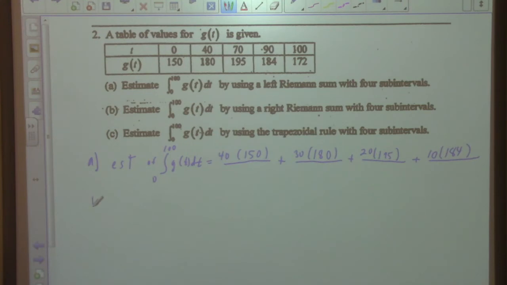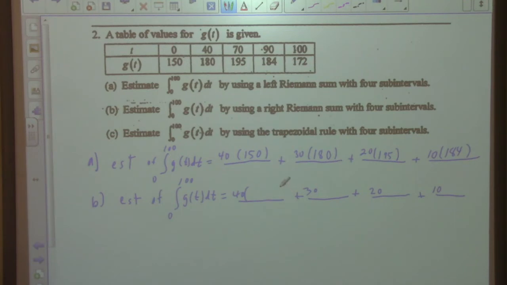And then for B, it's the same thing except what? It's the right one. Yeah, g of t dt. Is the width of the rectangles exactly the same? Yeah. So we have 40, 30, 20, 10.